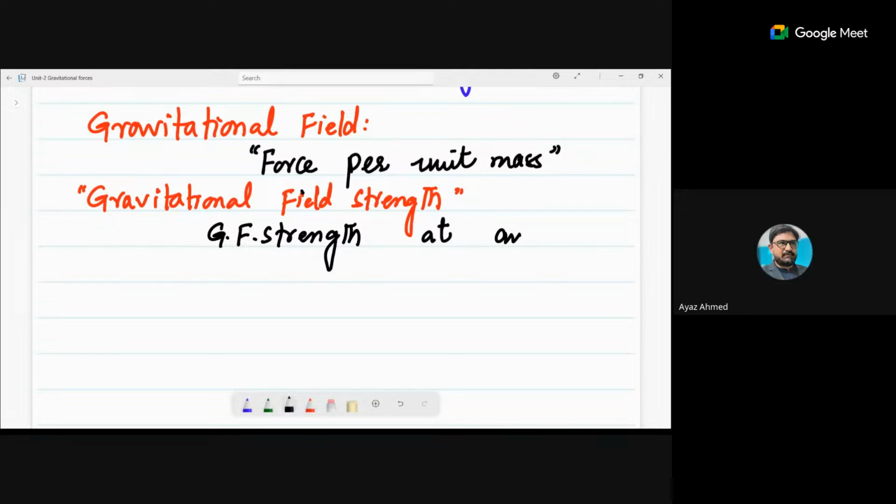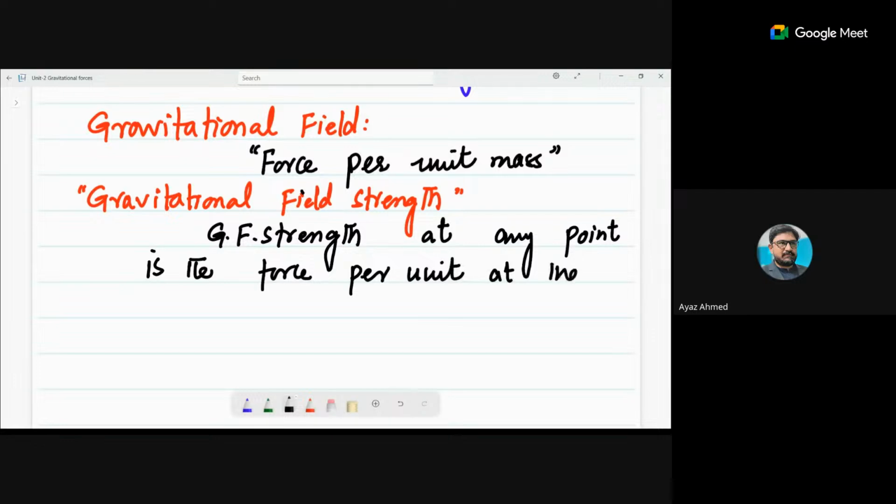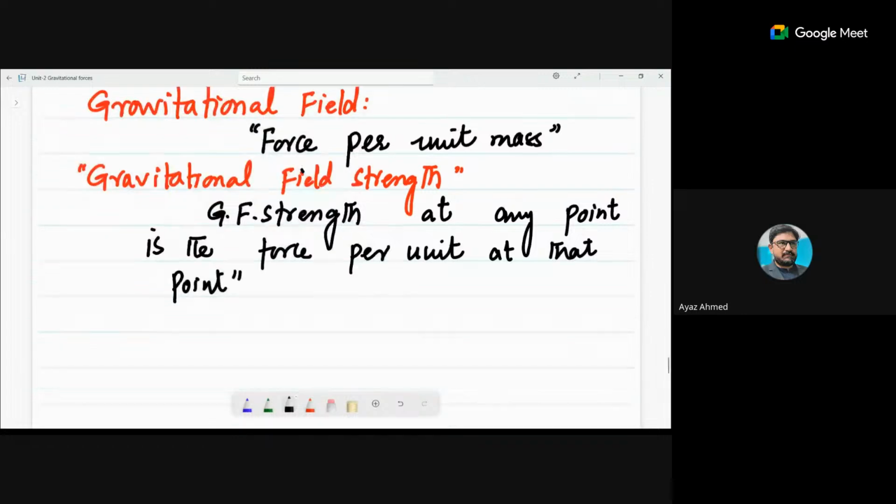So at any point or position, it is the force per unit mass at that point. It is the same thing but a bit extended.